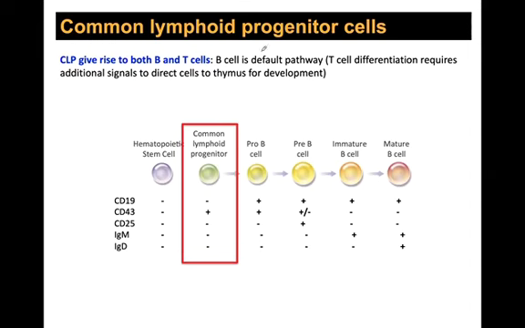So that turns out to be, for the lymphoid development pathway, B cells are the default. And so you typically have many more B cells than T cells, because to go down the T cell pathway, you require additional molecular signals that tell it to become a T cell. B cells don't need those, so if there's no other signal, it just becomes a B cell.